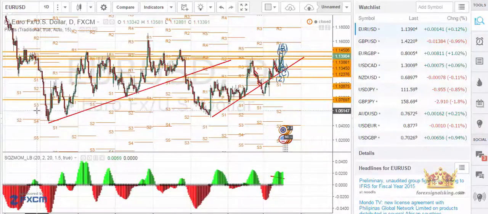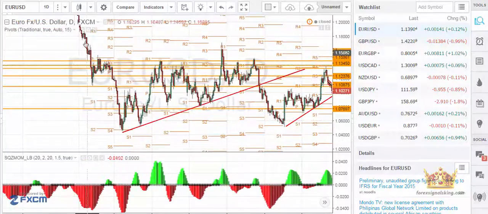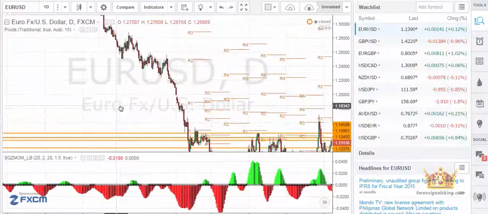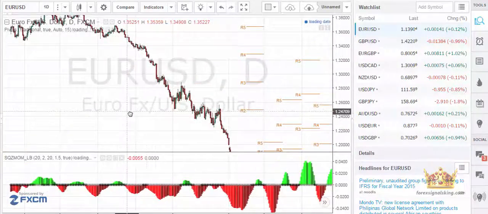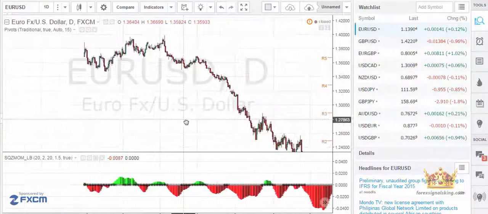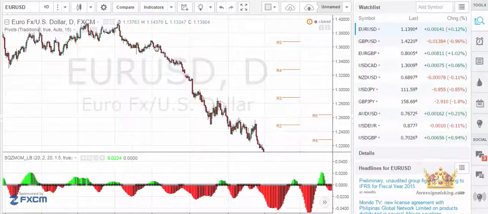The first one started when euro started declining in an extremely strong downtrend when it broke in about 2014 July.